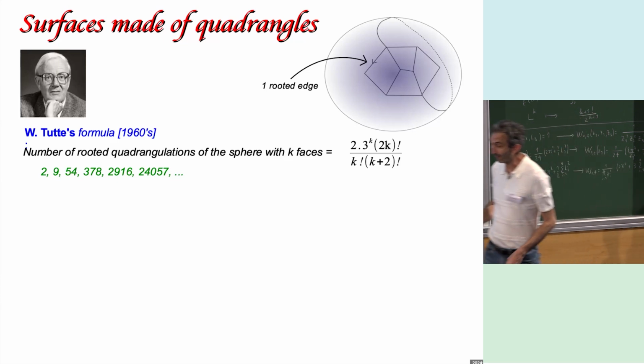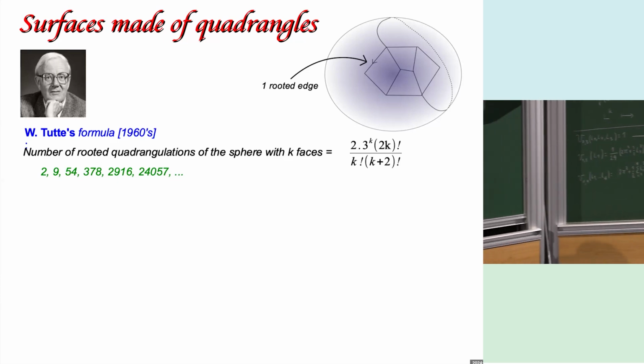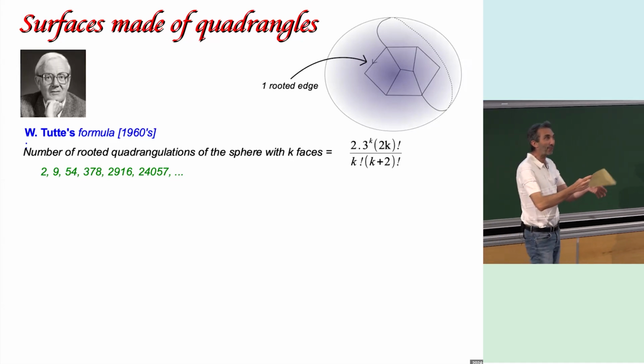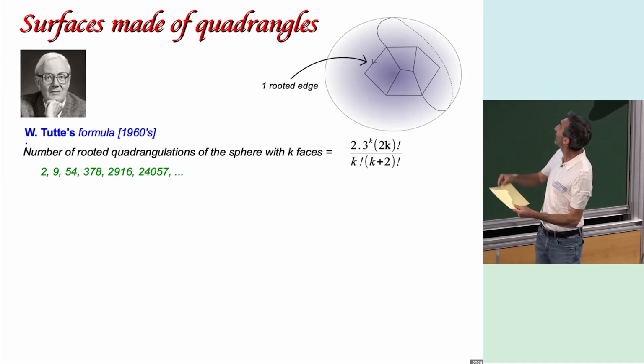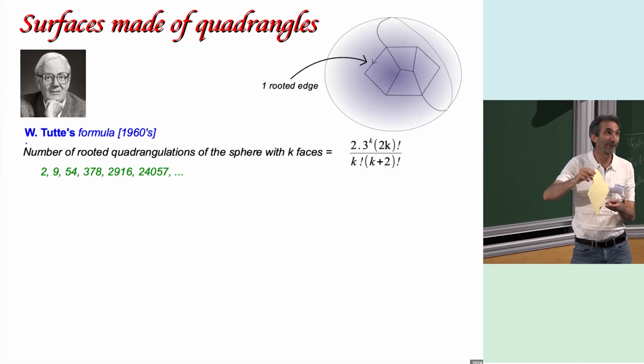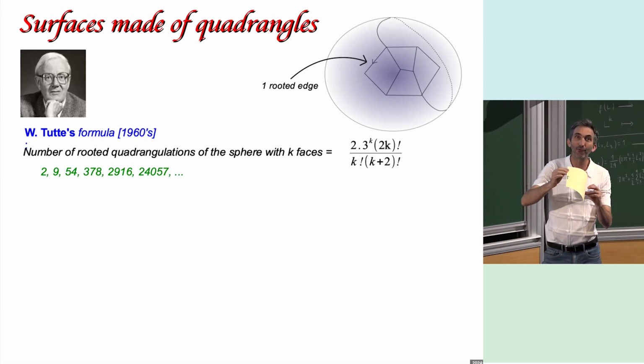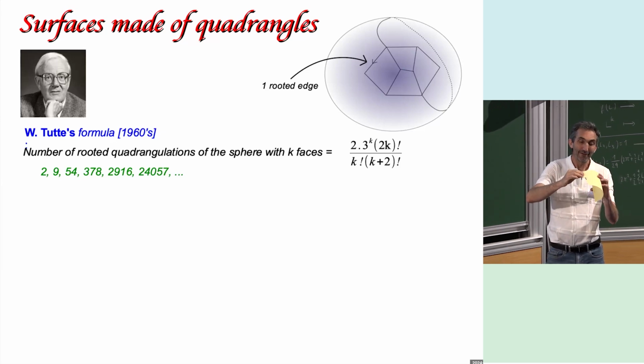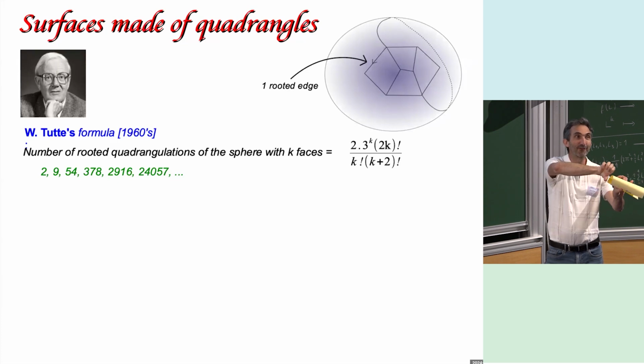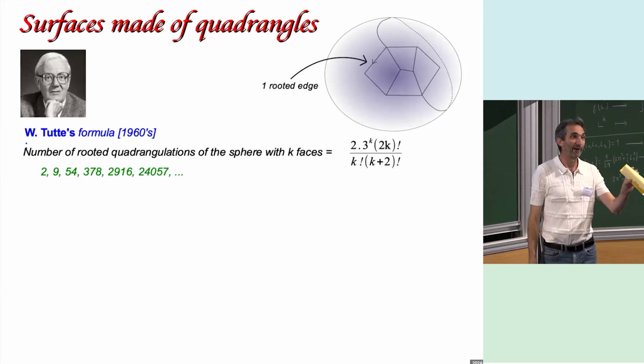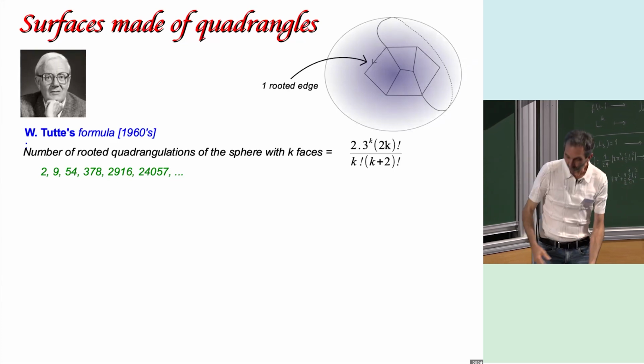Let's start with n equals 1, one quadrangle, with a rooted edge somewhere on it. If you glue this side to this side, then this side to this side, you get a torus. It's not a sphere. In how many ways can you get a sphere?